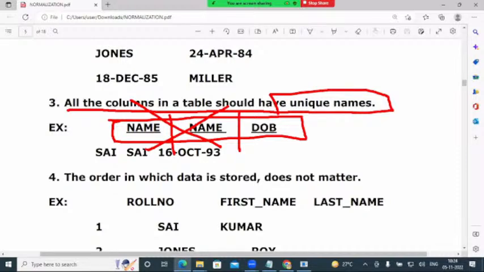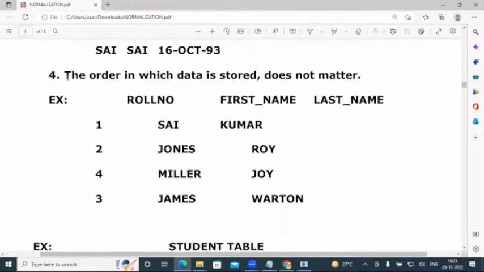Okay? Right. And the next one is the order in which data is stored. That does not matter. Order in which data is stored does not matter. That's why you can store 1, 2, 4, 3, 3, 2, 1, 4, 2, 3, 2, 1, 1, 2, 3, 4, in any manner you can save.